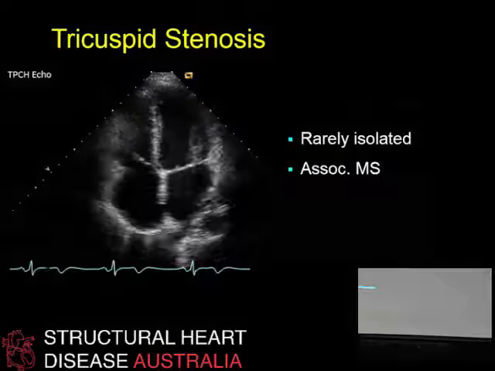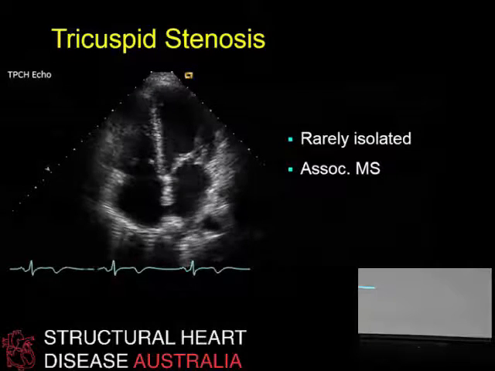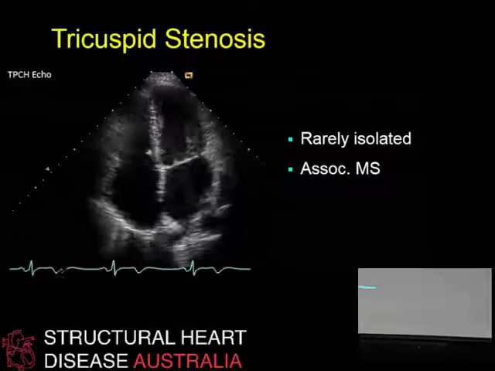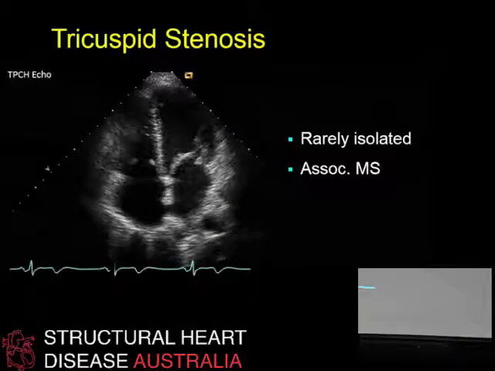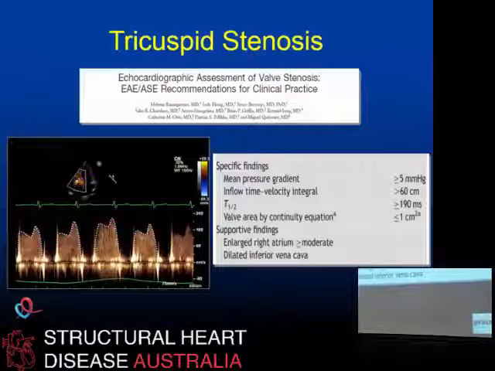In this particular image, the tricuspid valve leaflets are thickened and restricted, and Doppler examination reveals elevated mean pressure gradients and a reduced tricuspid valve area as measured by the pressure half-time method and the continuity equation. Together with the two-dimensional findings of right atrial enlargement and inferior vena cava dilatation, a diagnosis of tricuspid stenosis can be determined.